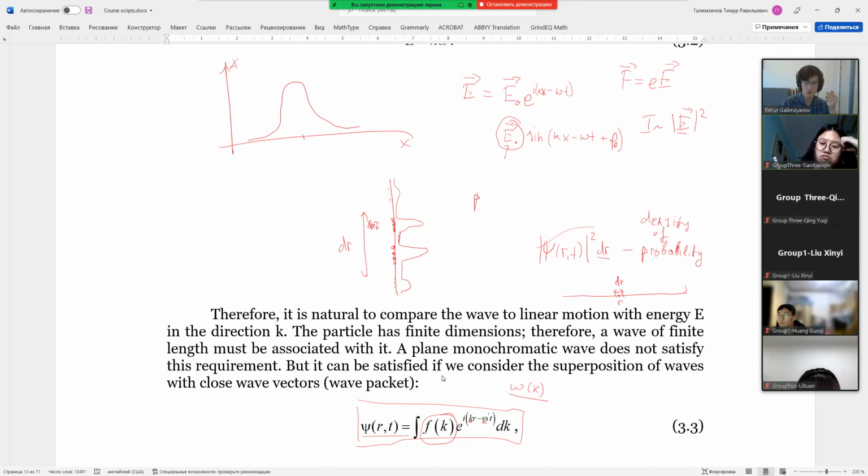Additionally we should know the dispersion law, this dependence of the wave frequency on the wave vector. This dependence is called the dispersion law. We will discuss it a bit later.